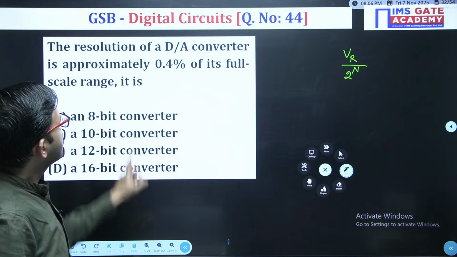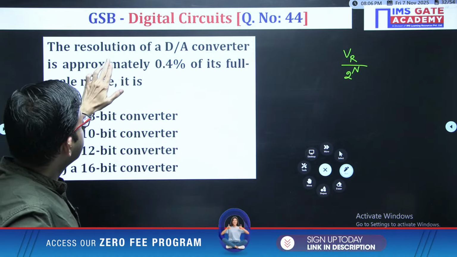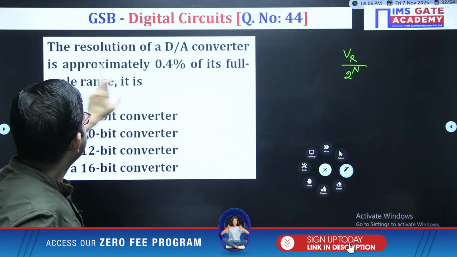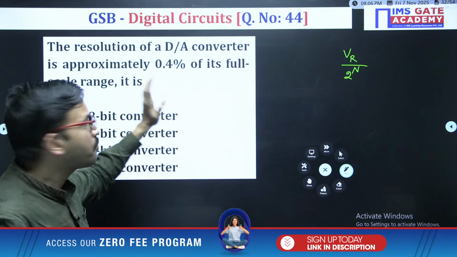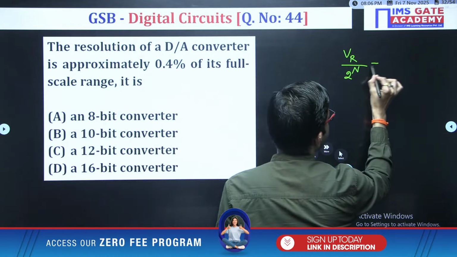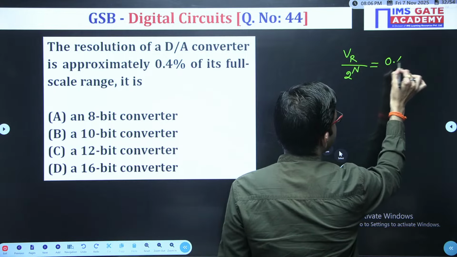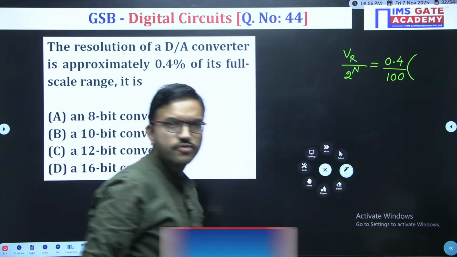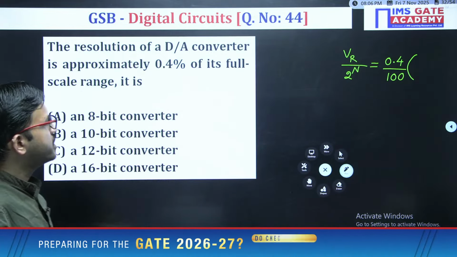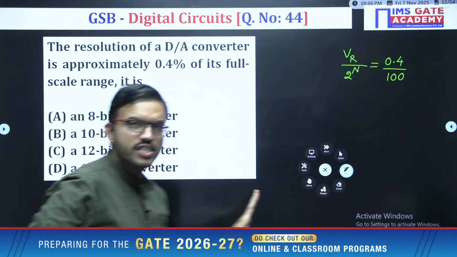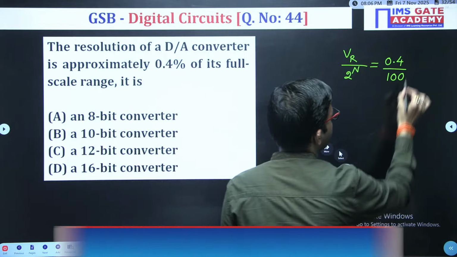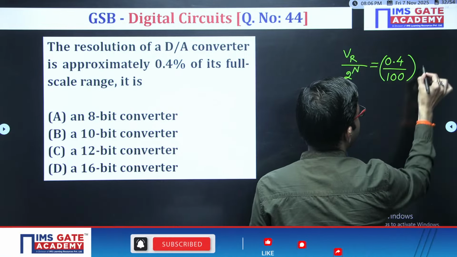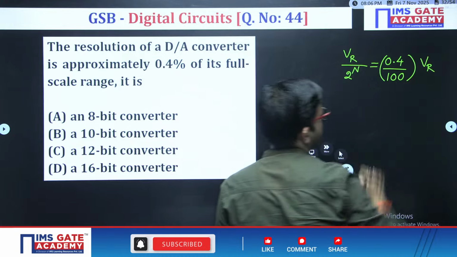But in this question, what it mentioned is that the resolution of a DAC is approximately 0.4% of its full scale range. Percent means by 100. Full scale voltage, reference voltage, maximum voltage are all one and the same, so you can consider 0.4% of VR.